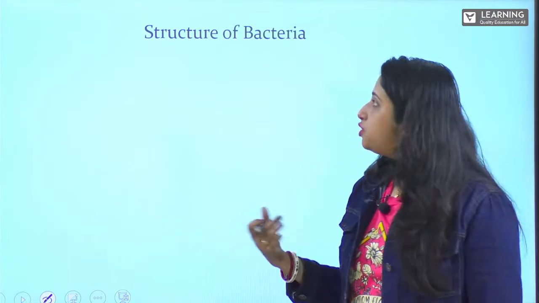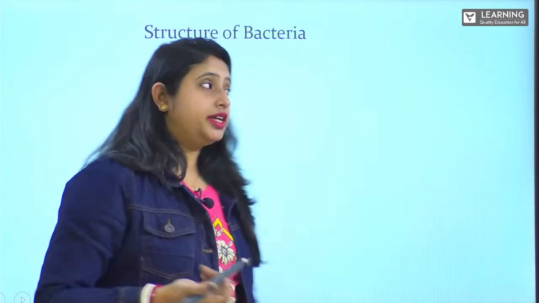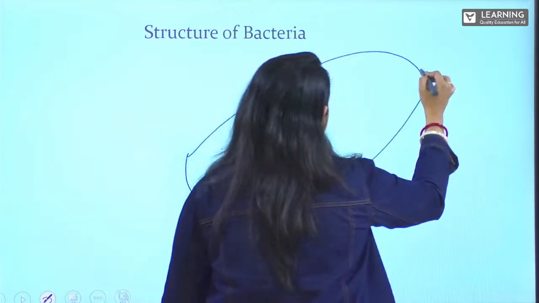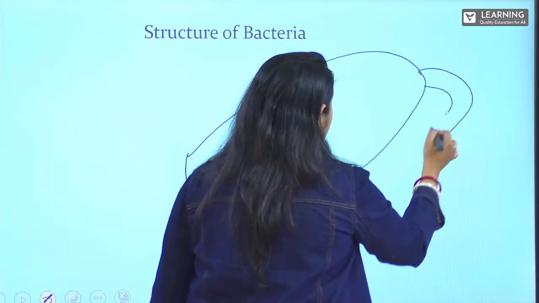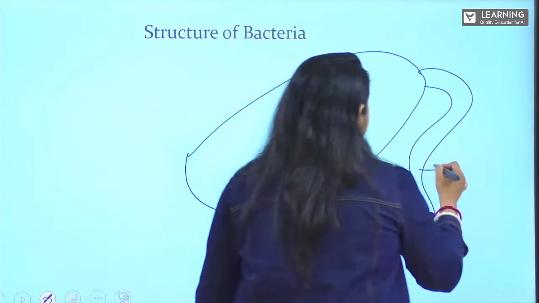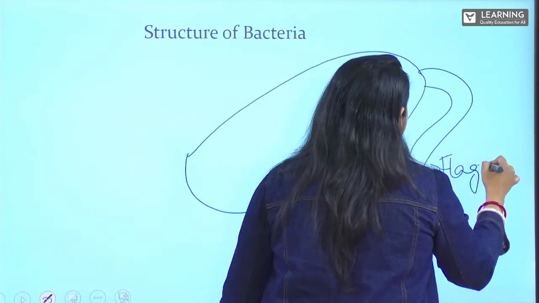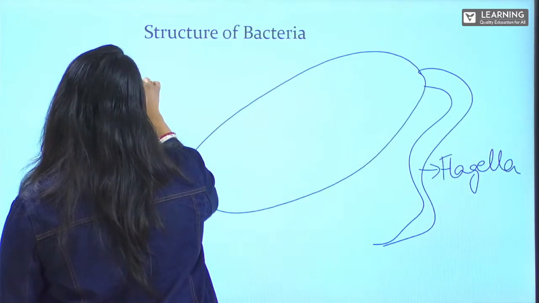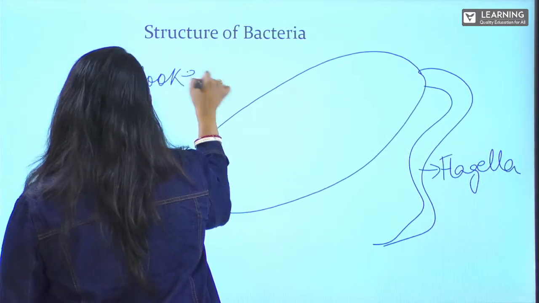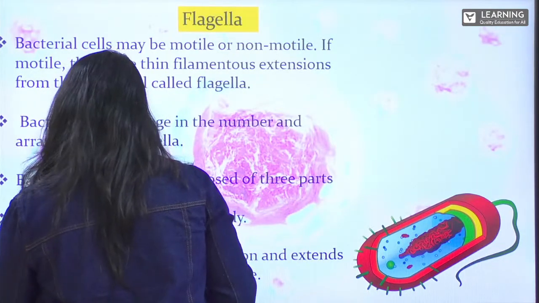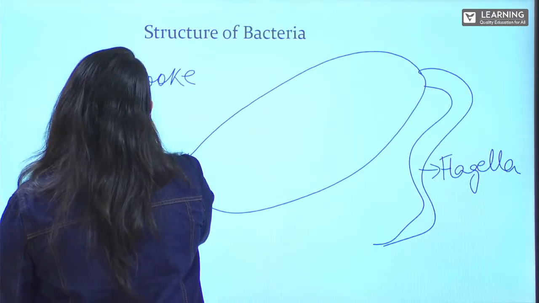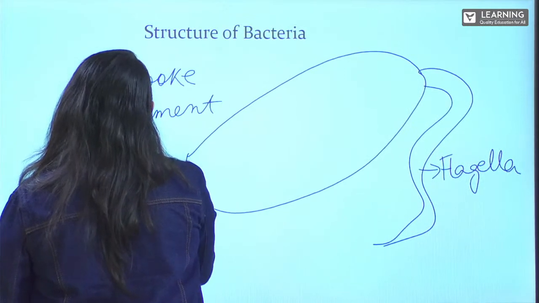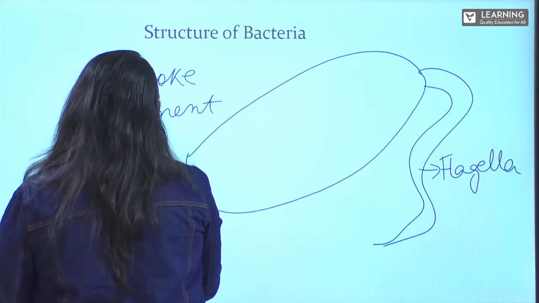As we have already seen the structure of bacteria, they have a structure like this, right? That is known as the flagella. This flagella is divided into three parts: the hook, the filament and the basal body.